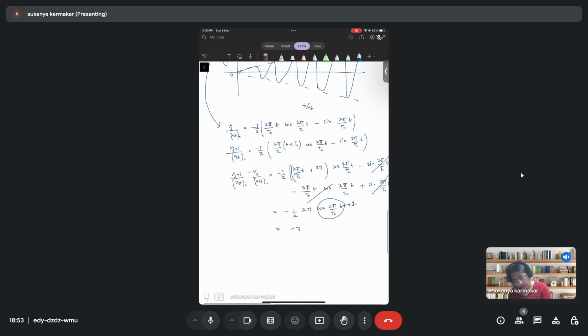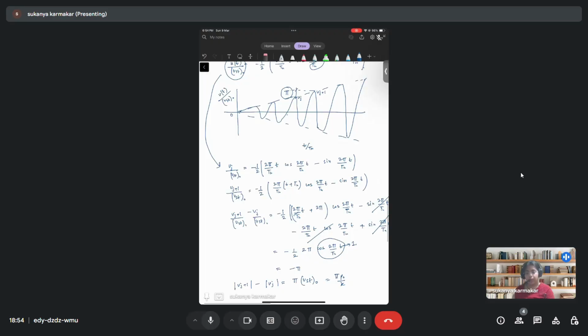Or in other words, if I don't think in terms of normalized coordinates, the difference between these two will be pi into u_st naught. And what is u_st naught? It is equal to p naught by k. Yes, ma'am, we'll be solving some questions as well.